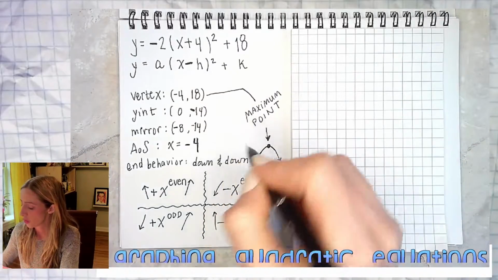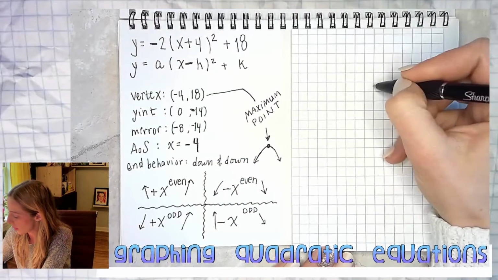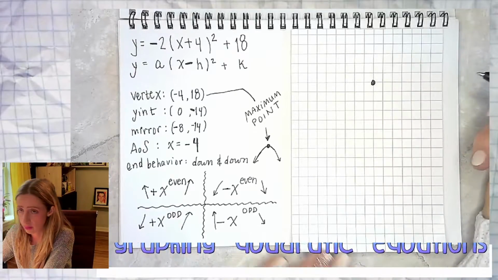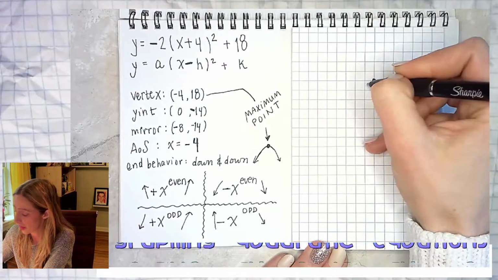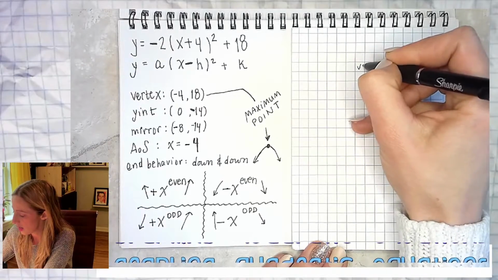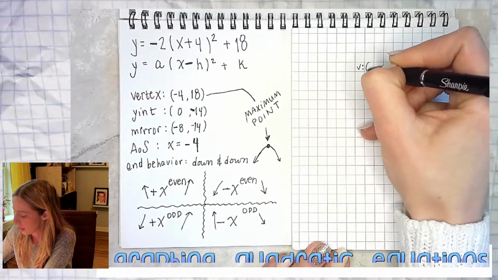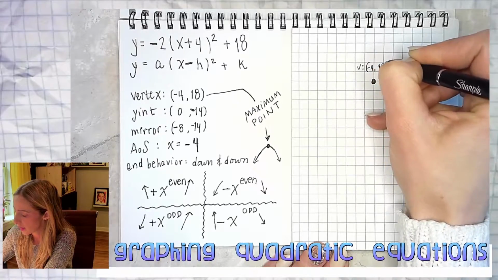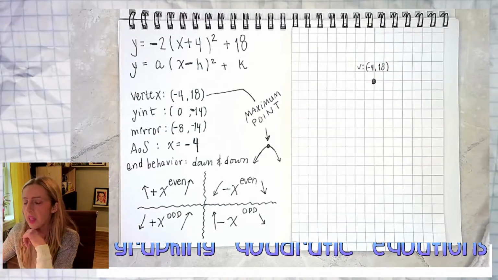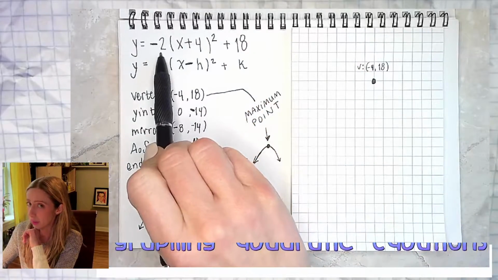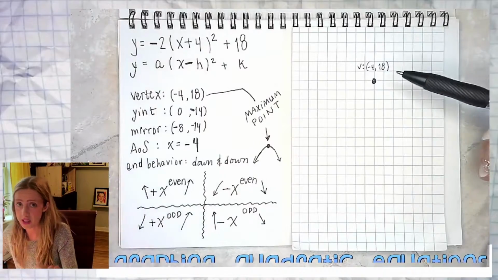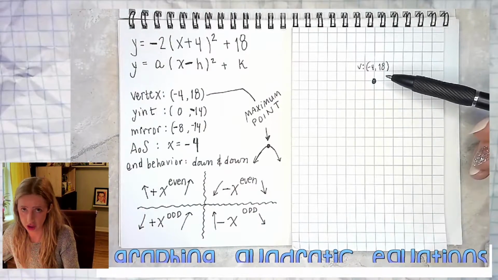Okay? So when I draw this, I'm going to go ahead on my paper. I'm going to put a dot on my paper, and that's my vertex. I'm going to label my vertex. I'm going to put a little V, colon. I'm going to write -4, comma, 18. There we go. Now, if it was just negative, we would do the negative hashara.